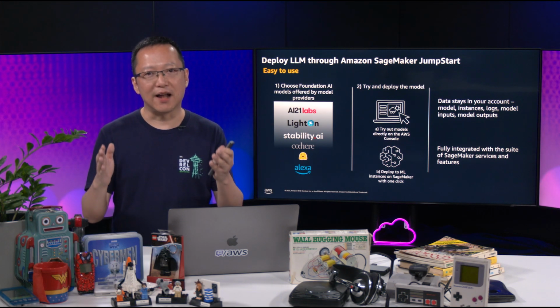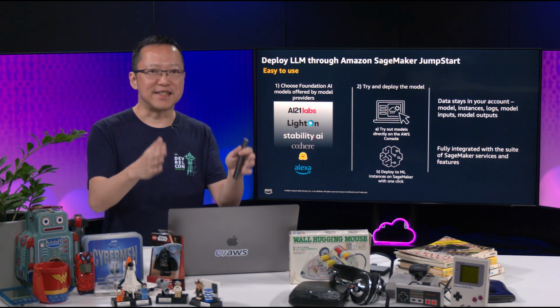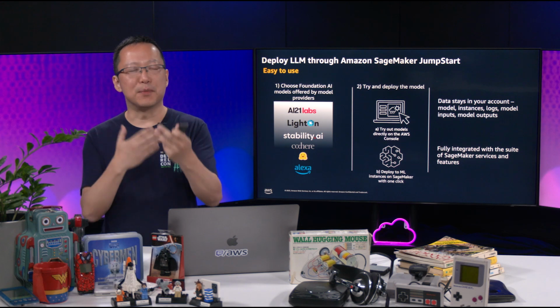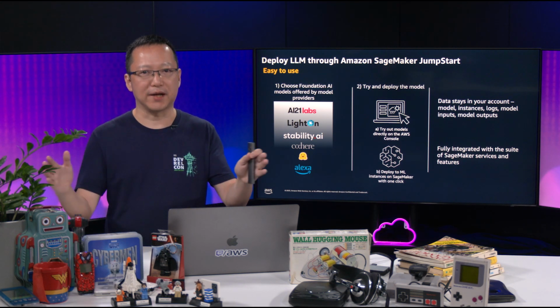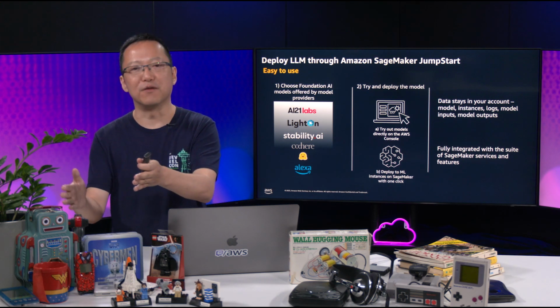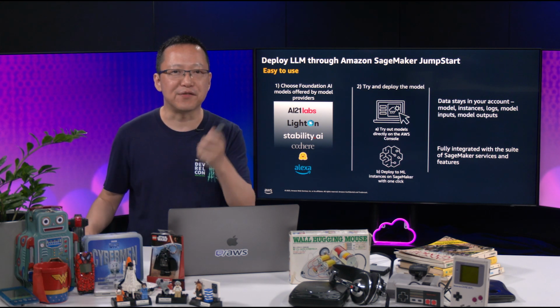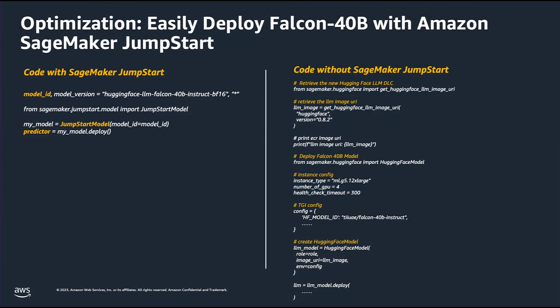And the data and logs from these models stay in your account. As these models are deployed to SageMaker Inference, they are fully compatible with the full suite of SageMaker services and features. I really love this slide, and I hope you like it too.